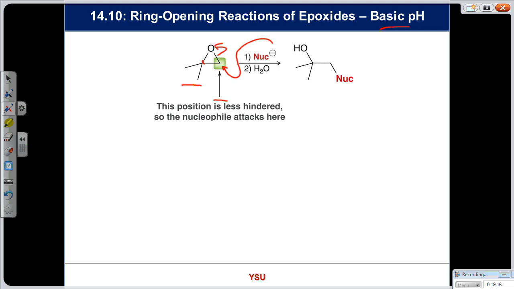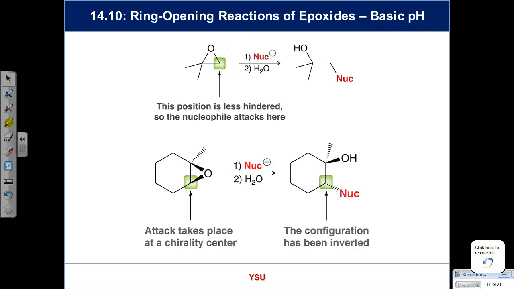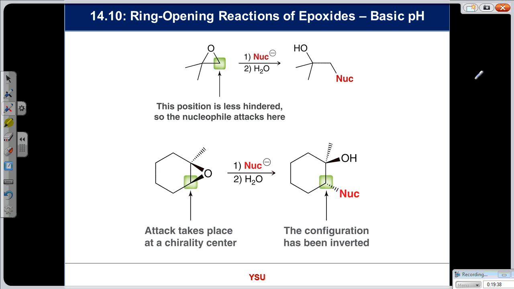In terms of utility, you can think about using this now to make some fairly complex systems. And as Kyle said, if you start out with an epoxide, you're going to come in from the opposite side. So this is taking that first idea from that slide and going a little bit further. You can see at the bottom, we have a cyclic system which is rigid, and the epoxide is on the top face.